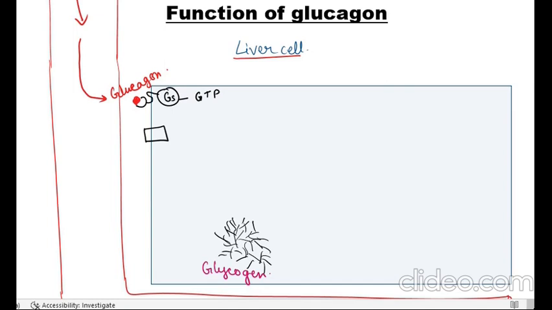Now this will go and activate the effector enzyme adenylyl cyclase. Adenylyl cyclase will convert ATP into cyclic AMP. Then this cyclic AMP will help in the production of protein kinase A.